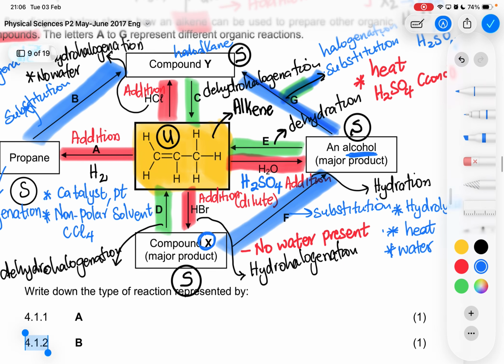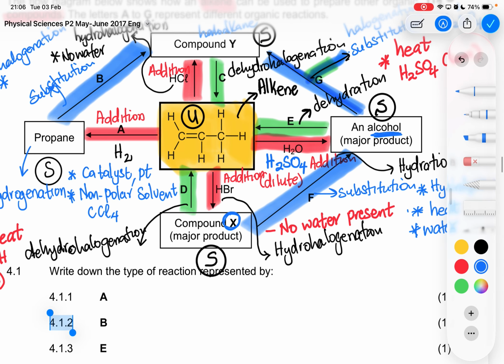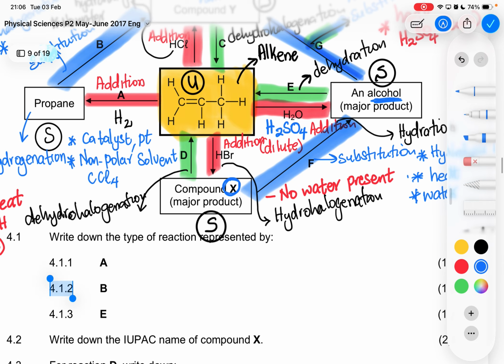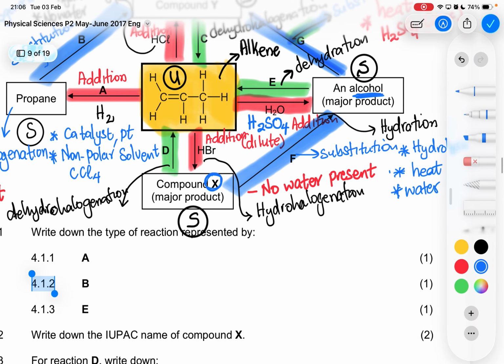So fine. I think I've done justice to the flow chart. Let us now look at the questions and how to go about responding to them.